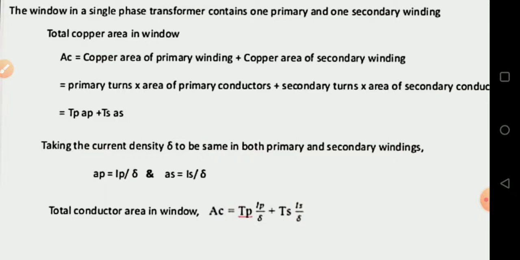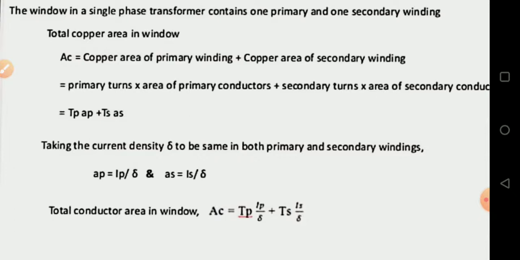So the current density is IP upon AP. The current density is the same for both windings. So we can say the area of the primary conductor is IP upon current density, and the area of the secondary conductor is IS, the current in the secondary winding, upon current density.